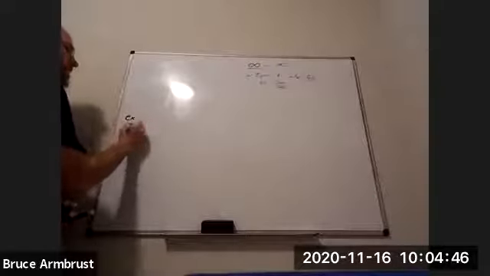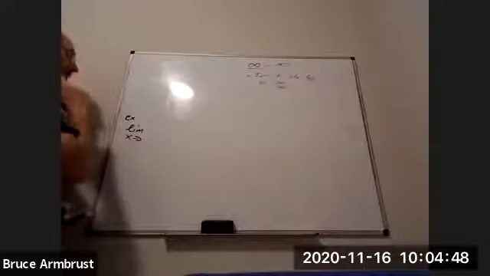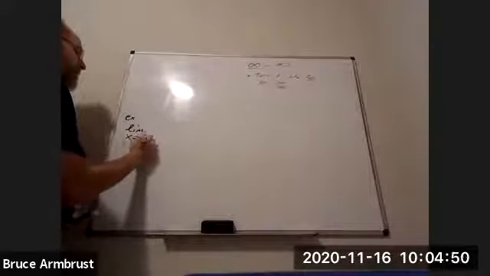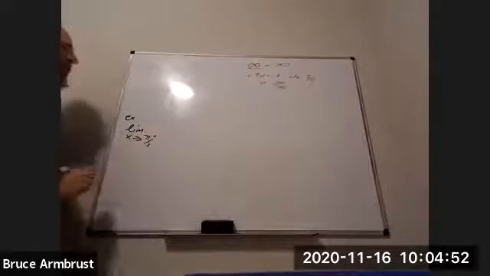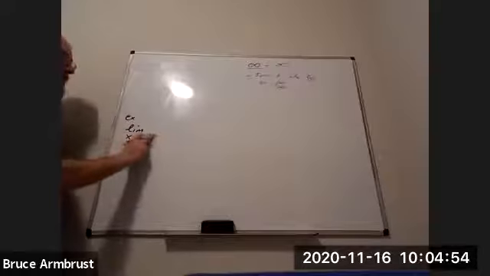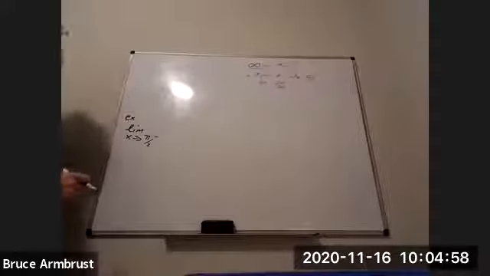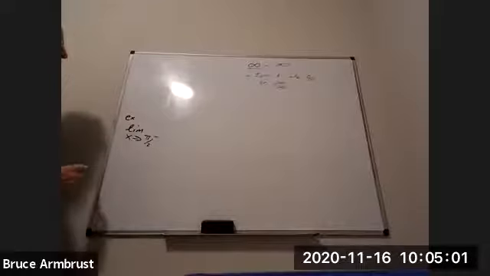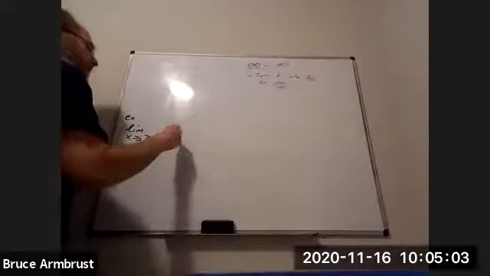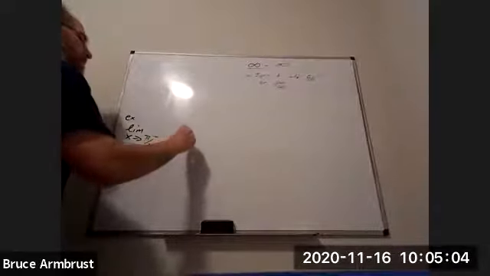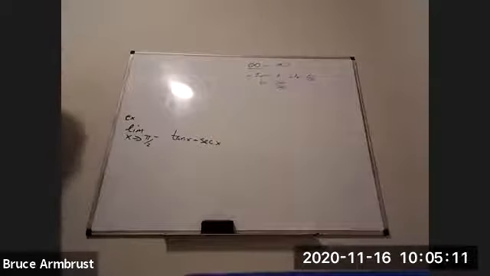Let's do the limit as x approaches pi over 2, and I'm going to put a minus on that, so we're approaching pi over 2 from the left, of tangent of x minus secant of x.